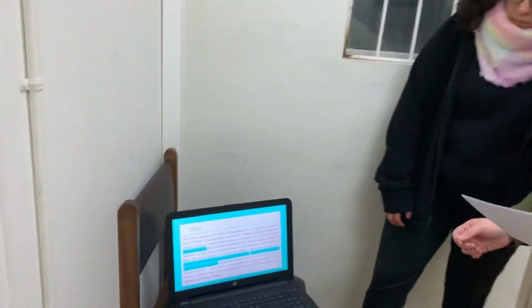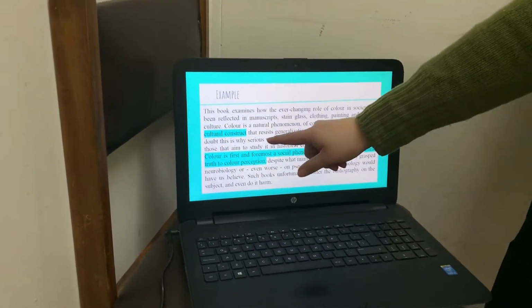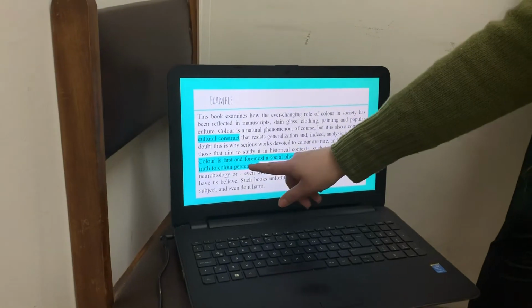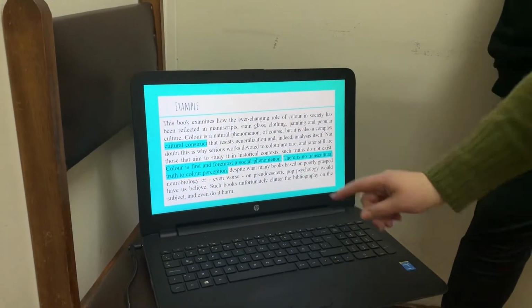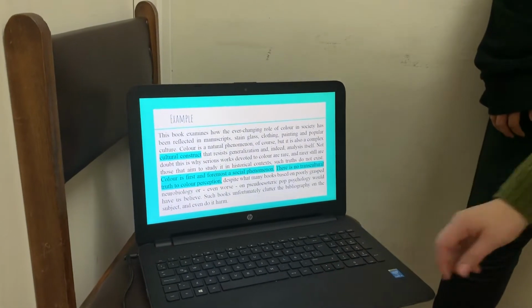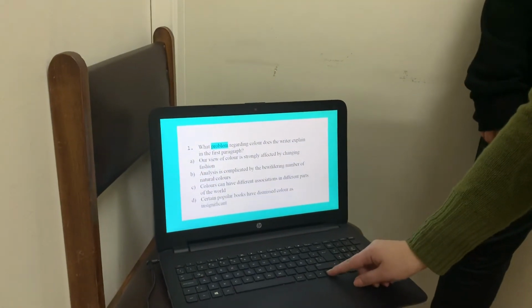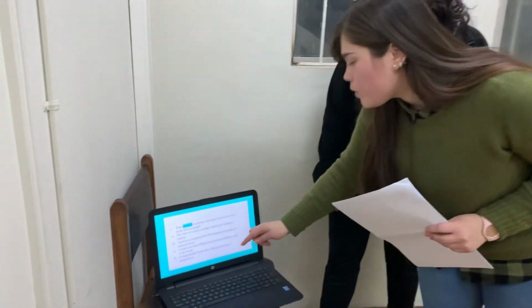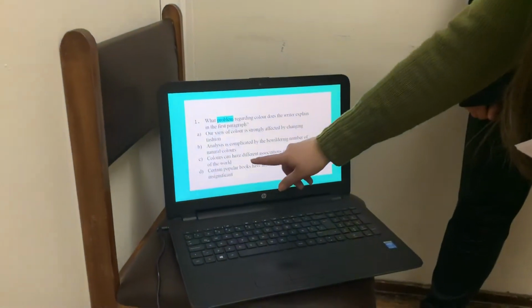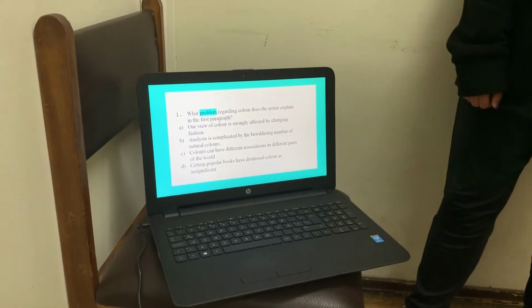Here we have the cultural construct. Color is first and foremost a social phenomenon, and there is no transcultural truth in color perception. That is why we think that the correct answer is C. The problem is that color can have different associations in different parts of the world.